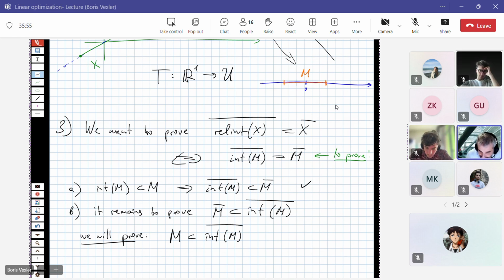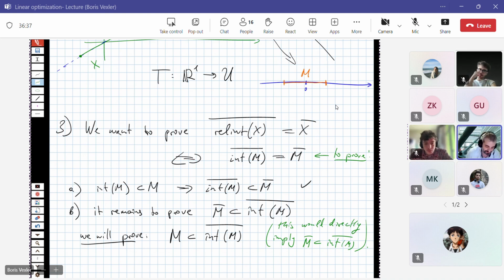And this is enough, since this will directly imply this. Since M is a subset of this, then the closure of M will be a subset of the closure of this, but the closure of this is again this. If we prove this, then it would directly imply that M bar is a subset of this. Okay, agree?